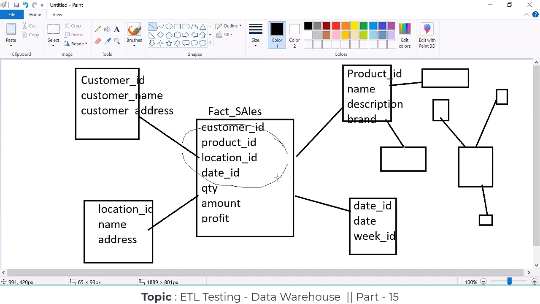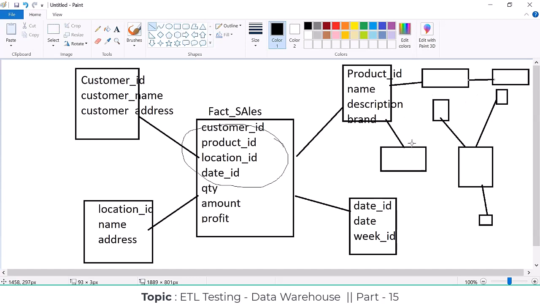So the Snowflake schema is nothing but an extension of the star schema. The fact table is connected with multiple dimension tables, and the dimension tables can be split into multiple tables again. Again it is going to split into multiple tables. Clear, guys?